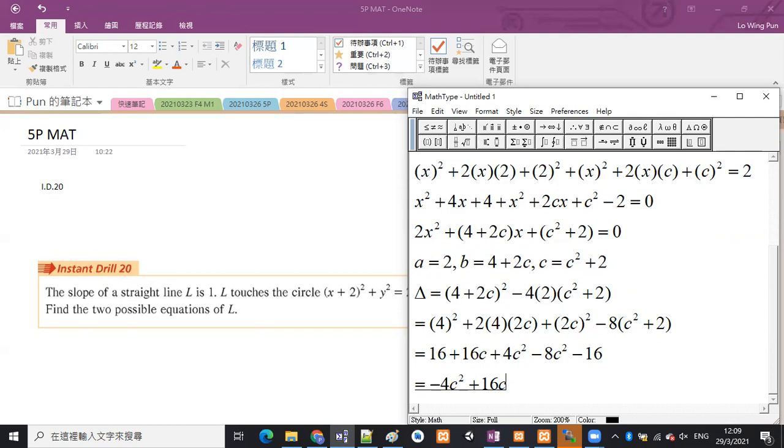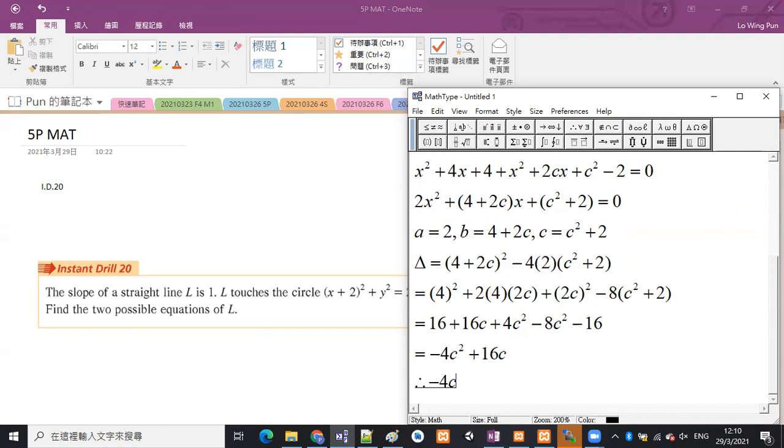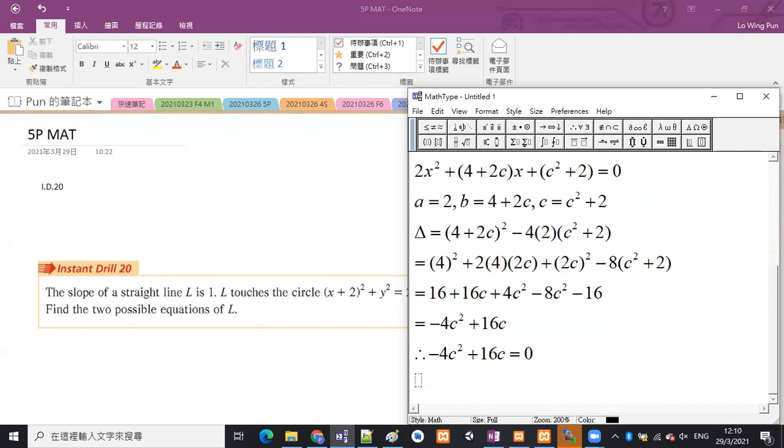So we put our delta to be 0, and we obtain another quadratic equation in c. We can find the value of c from this equation, and that will be the answer of this question. Therefore, -4c squared plus 16c equals 0. This is another quadratic equation where a is -4, b is 16, and c is 0. Then we can use the formula to find the two values of c.